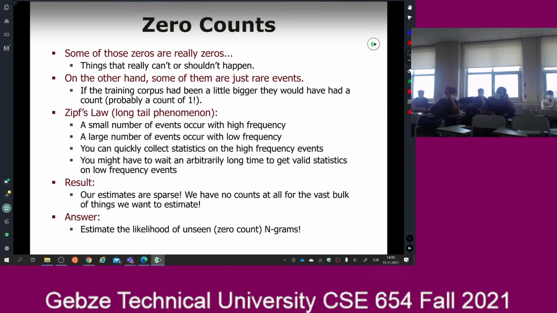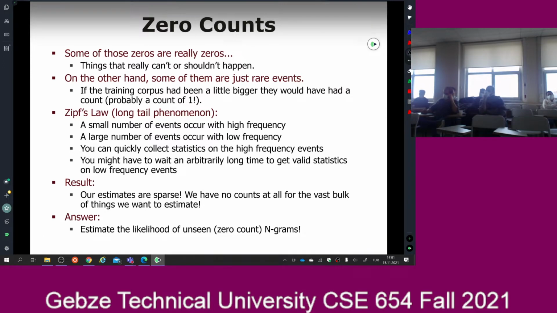There is this rare disease, what do we call it, Akdeniz ateşi. What do you call it? Akdeniz neyi? Anemisi. So it is very rare, but it happens. The number of people having it is small, but there is such a disease, and it is with very low frequency.